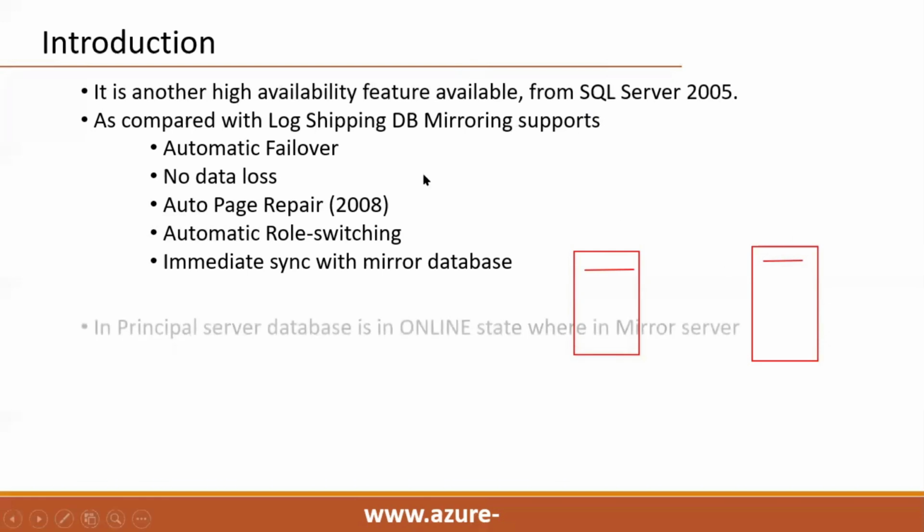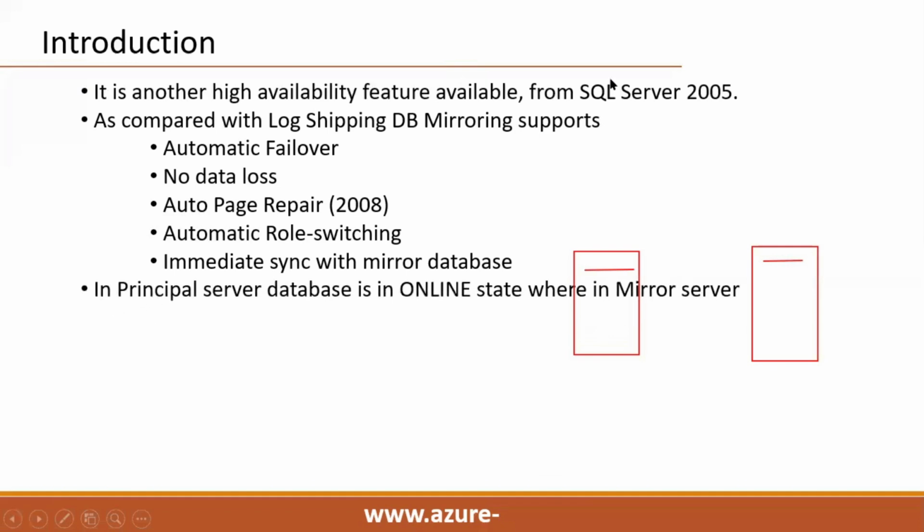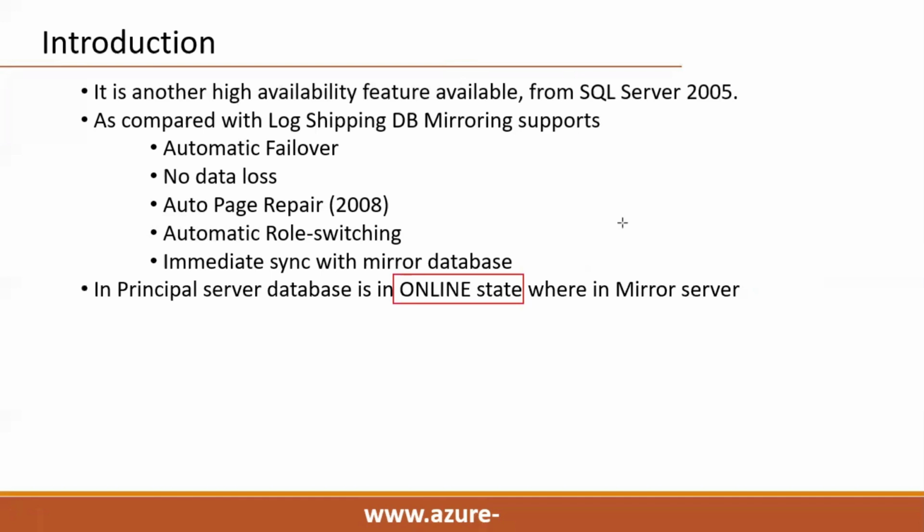We'll see in the architecture again. In the principal server, the database must be in online state, that is compulsory, and read write should be allowed. That's why it is in online state. But on the mirror server, it is in restoring state only.